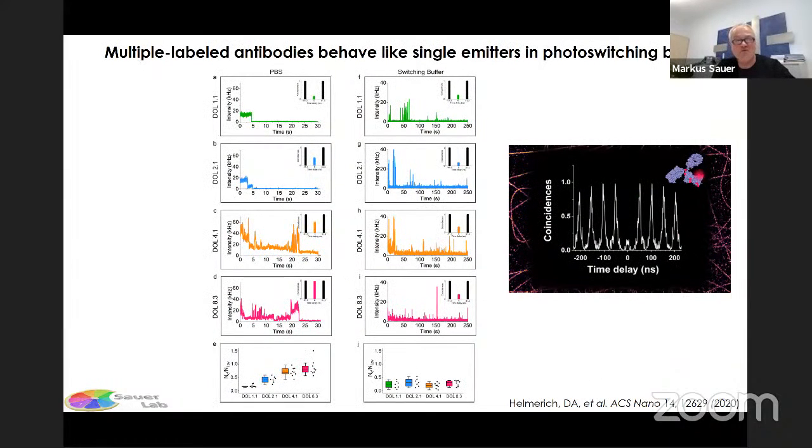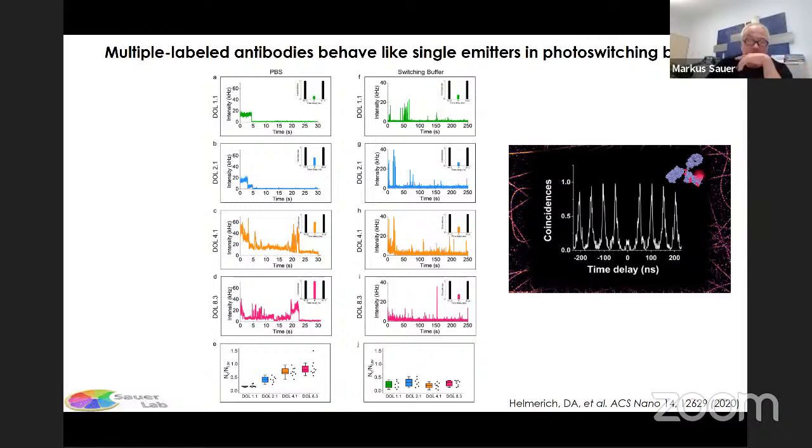And we could also show that while those antibodies carry up to 8 dyes, they behave in fluorescence trajectories on the left-hand side in PBS like a single labeled antibody with a single bleaching step, or 2 steps for 2 dyes attached to an antibody, or multiple bleaching steps and weird photophysics for 4 and 8 fluorophores attached to an antibody. This is also reflected in anti-bunching signals.